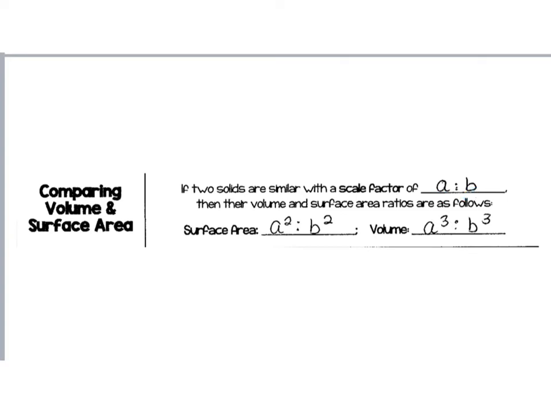So if we find out that the scale factor is A to B, then the volume and surface area ratios are as follows. Surface area is going to be A to the second power to B to the second power, and volume A to the third power to B to the third power. So anytime we see volume, think third power. Anytime we see area, think second power.